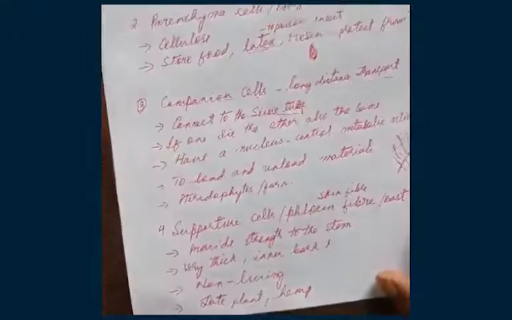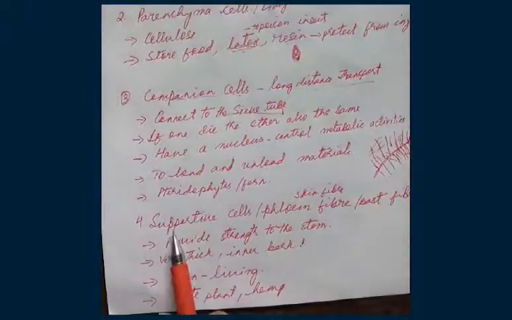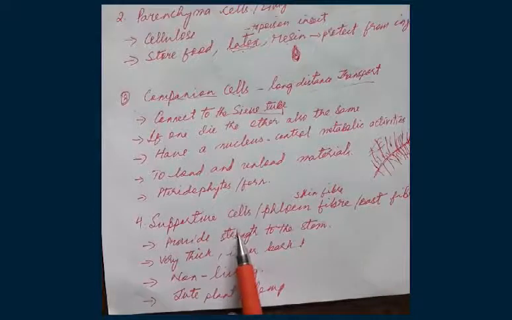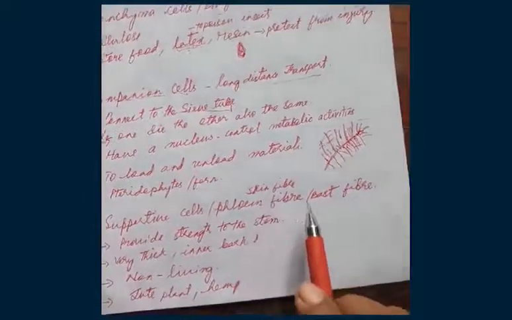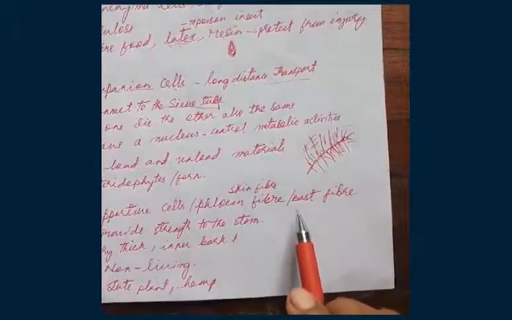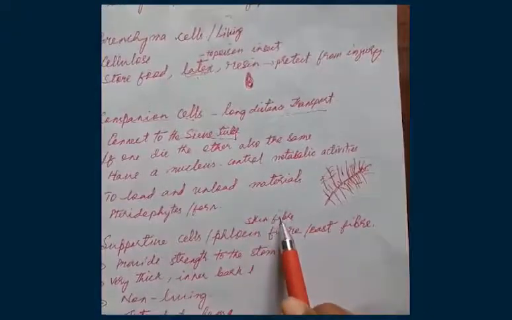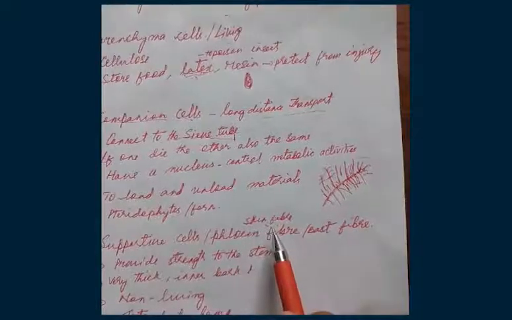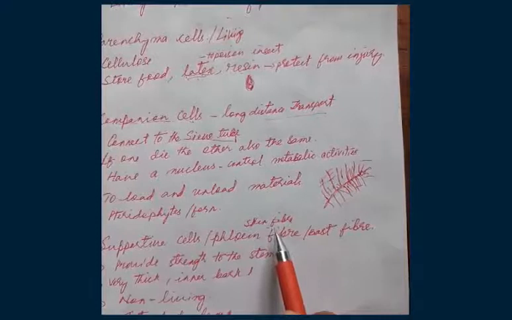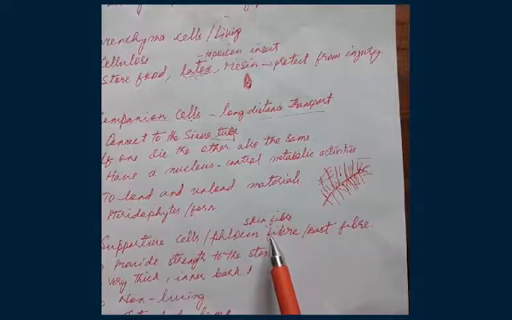Next, let's move to the last one, that is the supportive cells or the phloem fiber, which is sometimes called the bast fiber or the skin fiber. See, by the term skin you could understand that this phloem is located outside of the xylem.